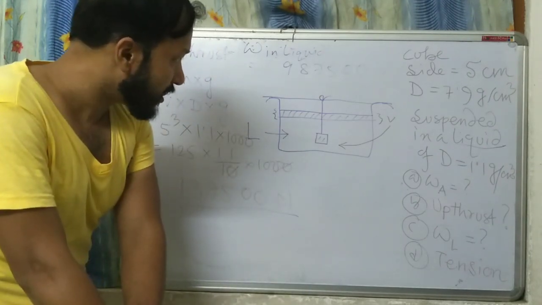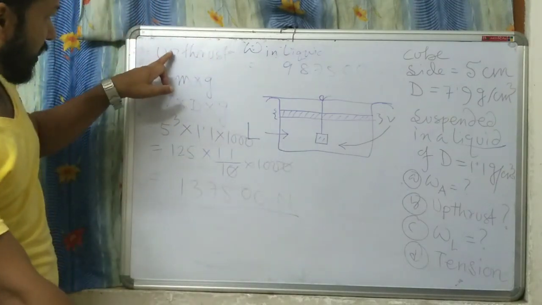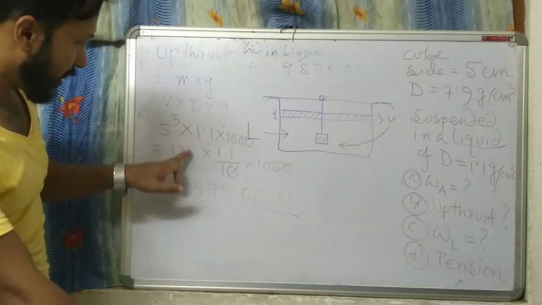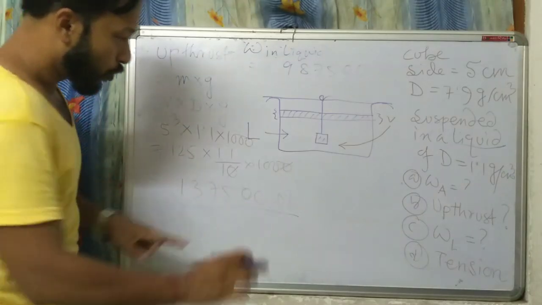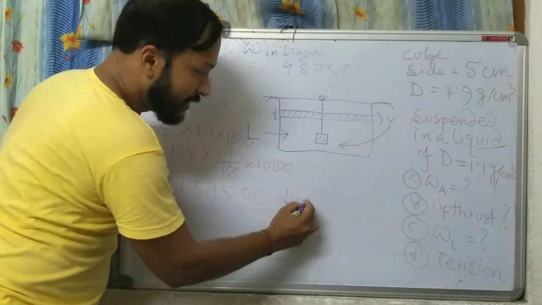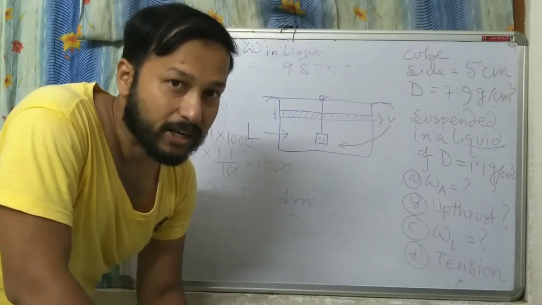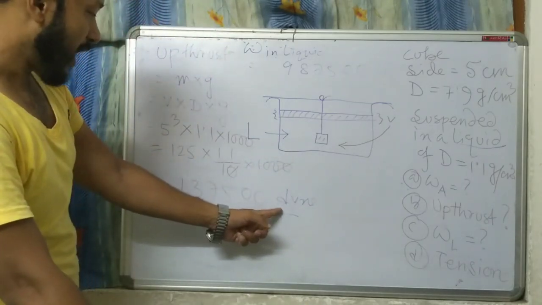Now what is the weight of the displaced liquid? Weight of the displaced liquid, that is upthrust, is this much. Oh sorry, this is not Newton. This will be dyne. Since we are calculating in CGS system, so this is dyne.